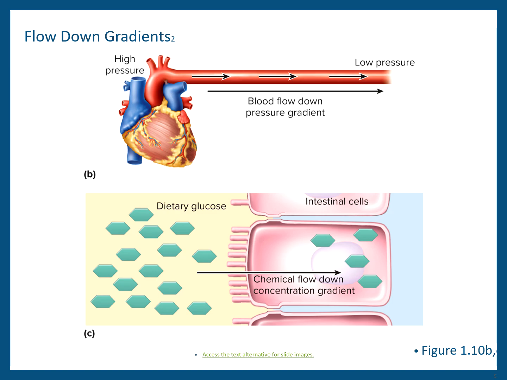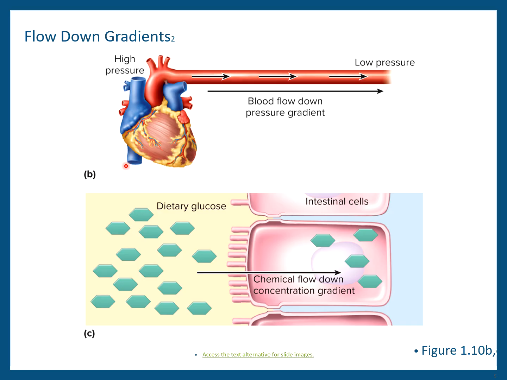Here we have a diagram of how there is flow down gradients within the cardiovascular system. The heart is a pump and it will create a large pressure inside of the heart as it contracts.